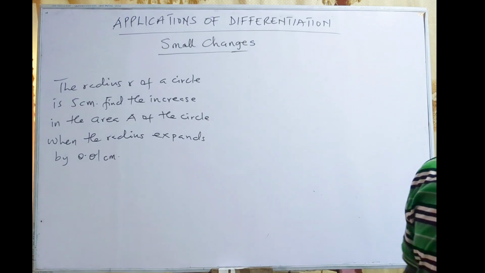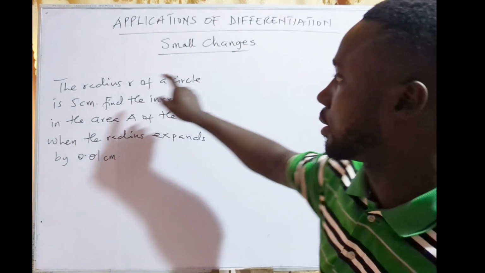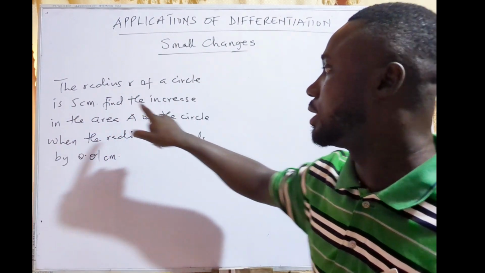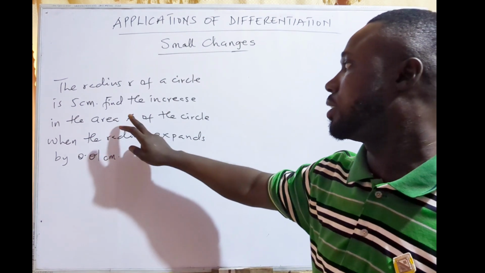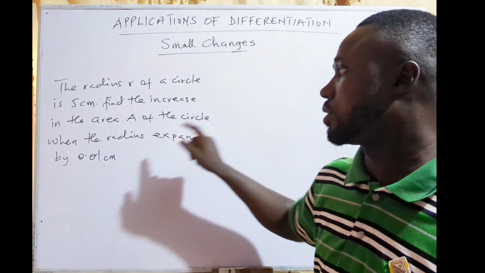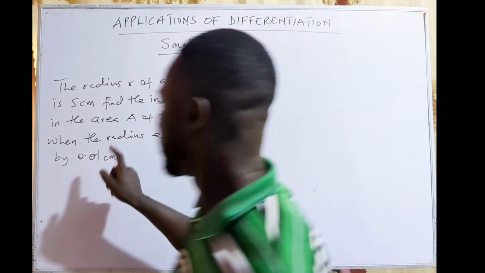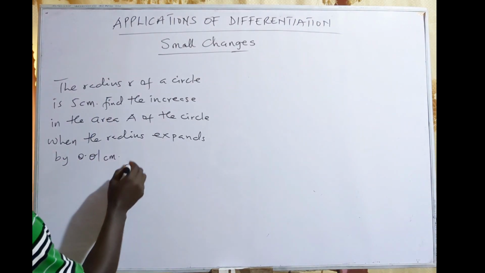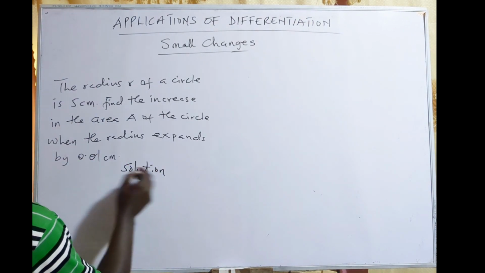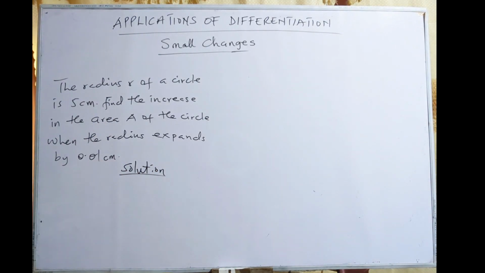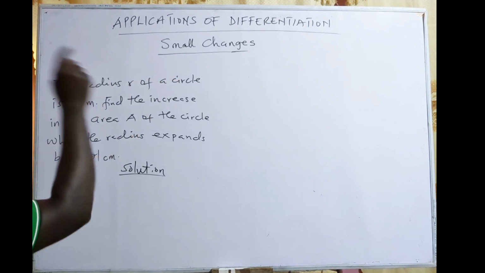Okay, so let's look at the question. The radius r of a circle is 5 centimeters. Find the increase in the area A of the circle when the radius expands by 0.01. So we are finding the increase in the area with respect to the radius. We are given the radius as 5 centimeters.